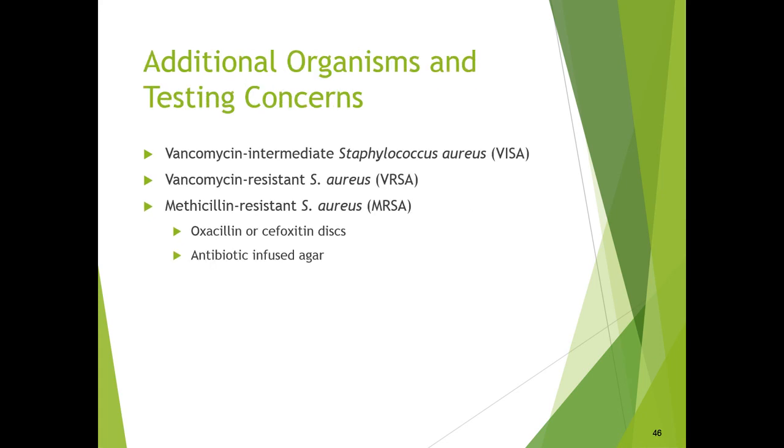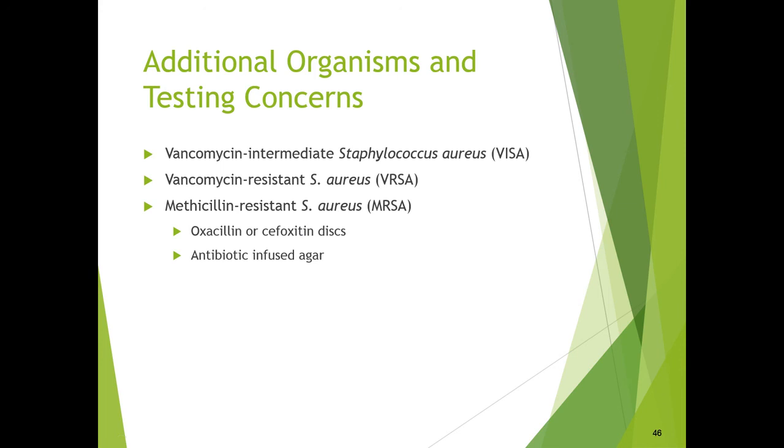Some other sensitivities to keep in mind, vancomycin and methicillin resistance in Staphylococcus aureus. These are really important. We use oxacillin or cefoxitin disc to test for methicillin resistance in Staph aureus.